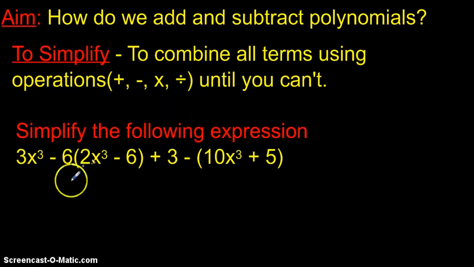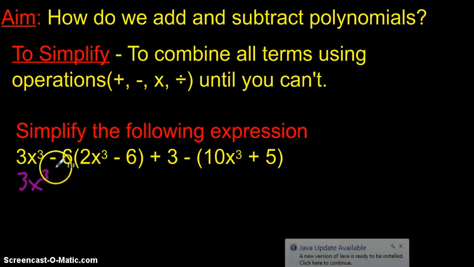So to simplify an expression, we start off by multiplying where we can, and that usually means distribution in this case. So we get 3x to the third. That's nothing to change. We're going to multiply the negative 6. This is not minus 6, it's negative 6. It's really plus negative 6. As far as I'm concerned, there's no such thing as subtraction. We're just adding a negative number, so this is really a negative 6.